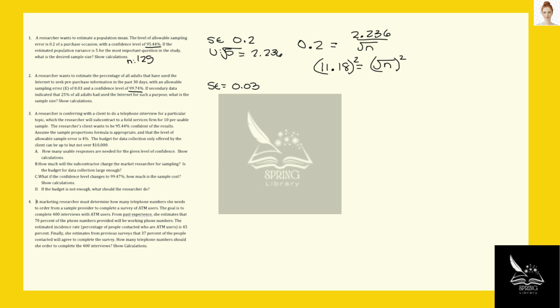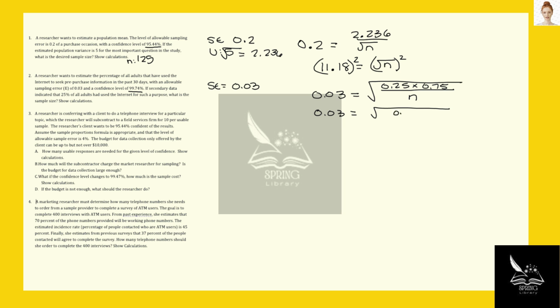Okay, so you have 0.03, and that equals the square root of 0.25 times 0.75, and that is divided by n. So I have 0.03 equals the square root of 0.25 times 0.75.